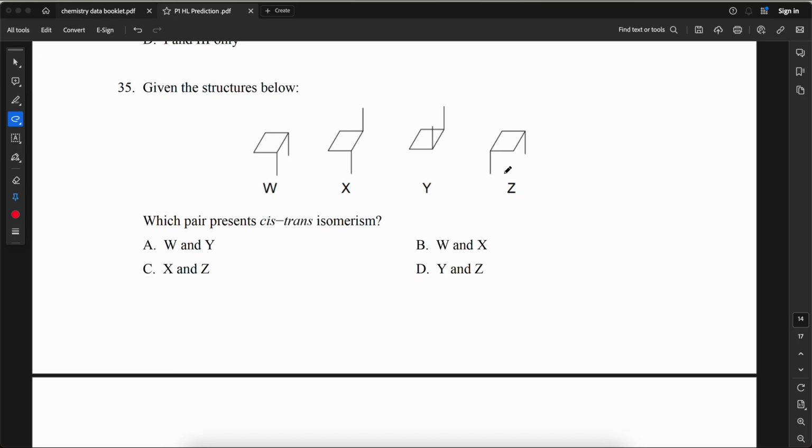And Z is different from the options given as it is 1,3-dimethylcyclobutane. Therefore, W and Y are exactly the same molecule as both methyl groups are on the same side, resulting in the cis isomers. So we can deduce that X is the trans isomer of W or Y, as both are on the same side. So B is the correct answer.